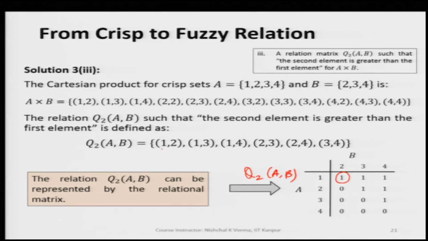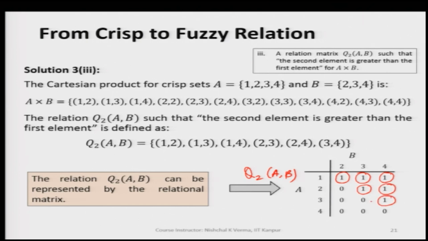Since we have the 1 2 pair already existing in Q 2, we write here 1, and similarly for 1 3 we write 1, for 1 4 we write 1, for 2 3 we write 1, for 2 4 we write 1, and for 3 4 we write 1.